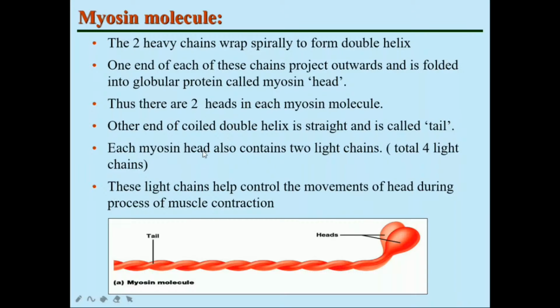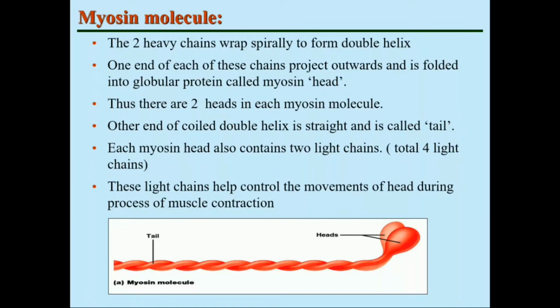Each myosin head also contains two light chains. So each of these myosin heads contains two light chains, that is, basically it is one end of the heavy chain plus there are two light chains in each head, so totally 4 light chains in one myosin molecule.